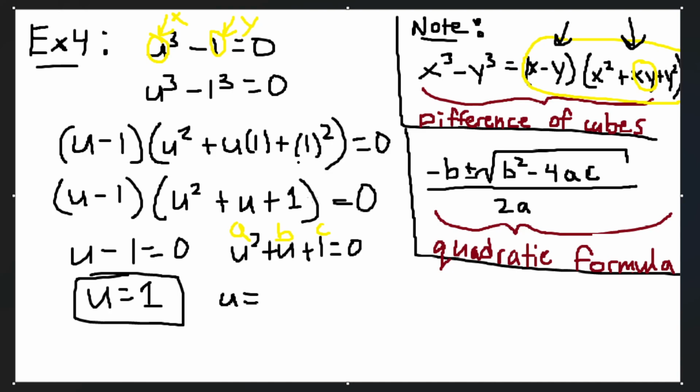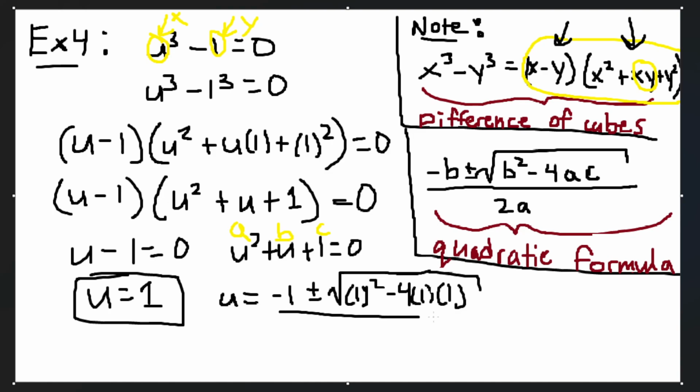So with that being said, we would have u equal to negative 1 plus or minus the square root of 1 squared minus 4ac, that would be just 1 times 1 times 1, and then all of that over 2a, which would be 2 times 1.